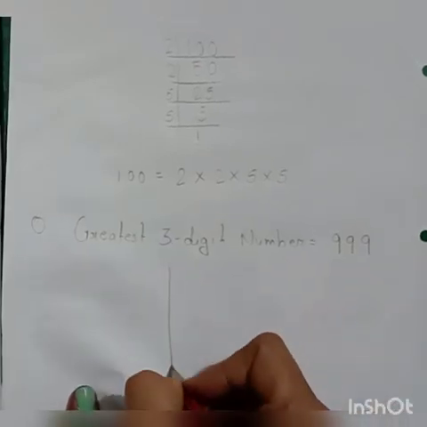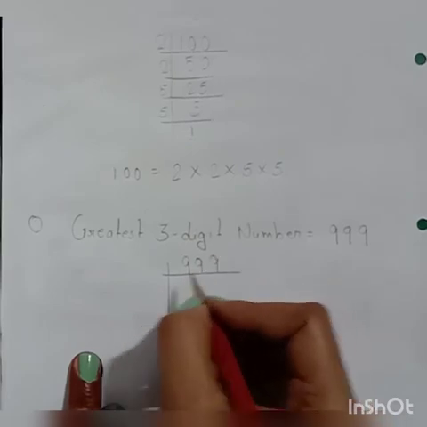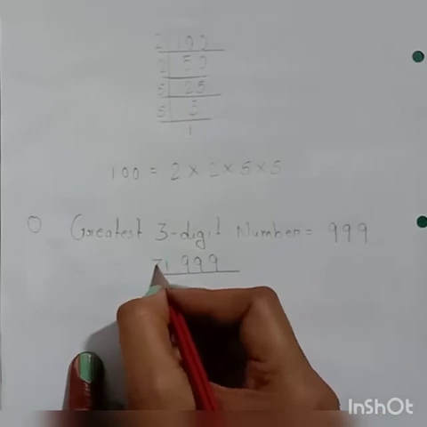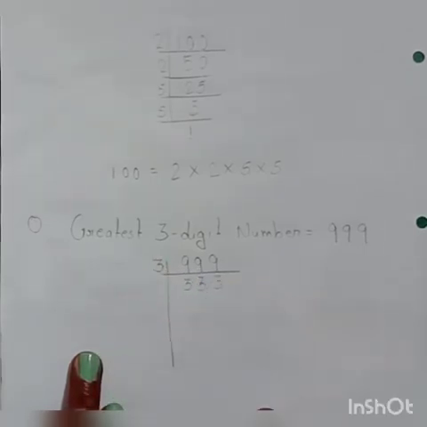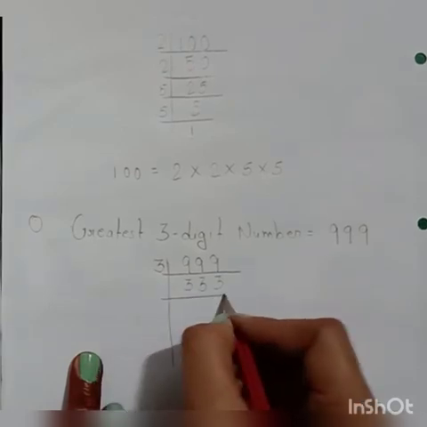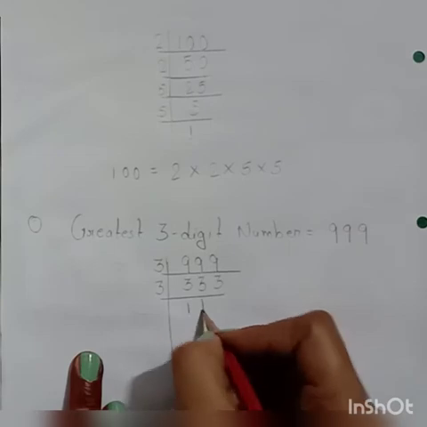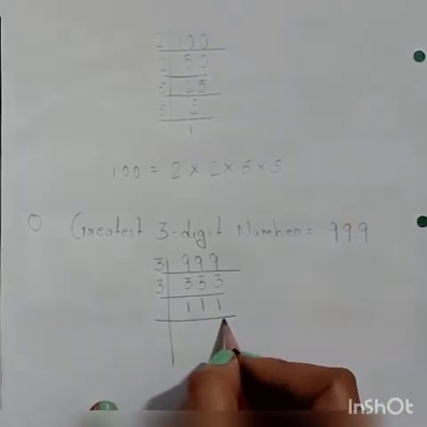Again you have to make a box like this and write 999. You can see these are 9s, they can go in the table of 3. So here 3 threes are 9, then 3 threes are 9, 3 threes are 9. And now it will go again in the table of 3. It's 3 ones are 3, 3 ones are 3 and 3 ones are 3. Now you have 111.